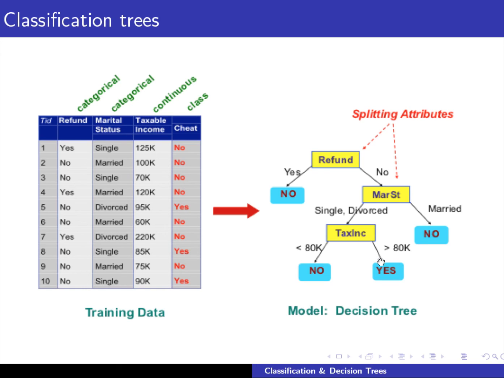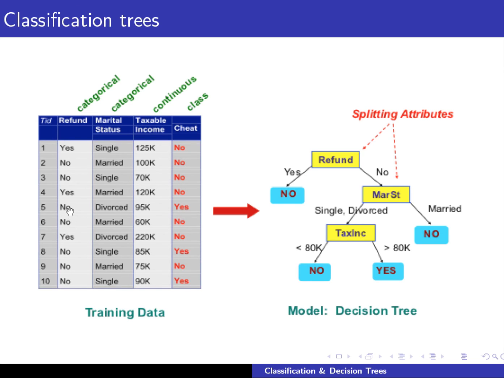All right, so I think we've got some in here that did not get a refund, single or divorced. Yeah, so here's one. So number 10, did not get a refund, so we split over to looking at married. Single, so we split over looking at taxes. Greater than 90K, that comes out on yes, so that matches our tree. Let's see what else. Single, 85, that also cheated, so that comes out on our tree.